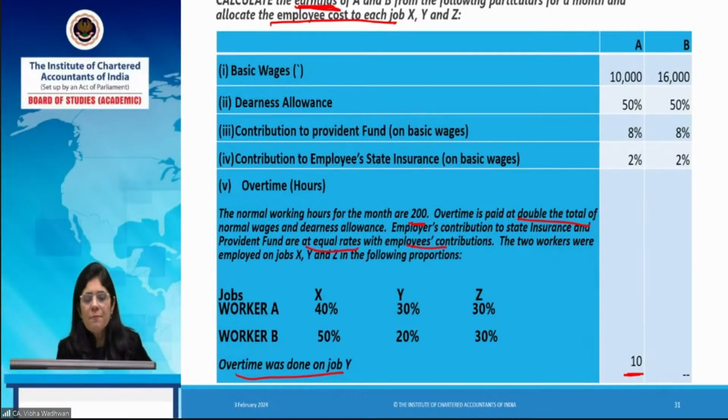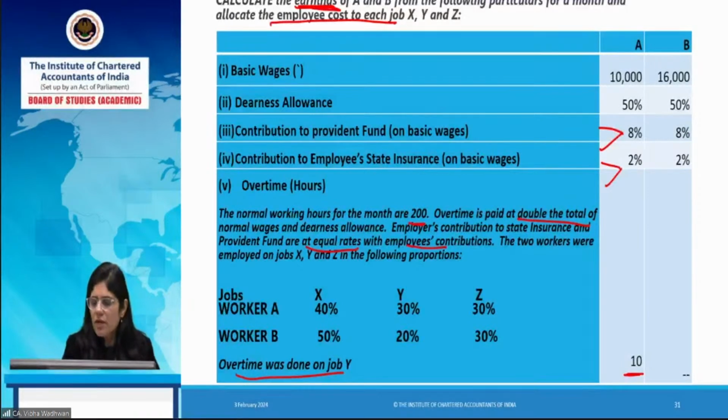So employer and employee both are contributing 8% each to PF, and 2% each to ESI. Clear? So now let us calculate first the earnings.